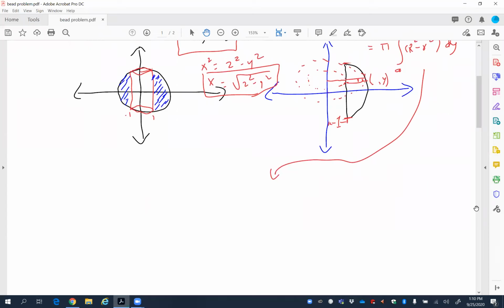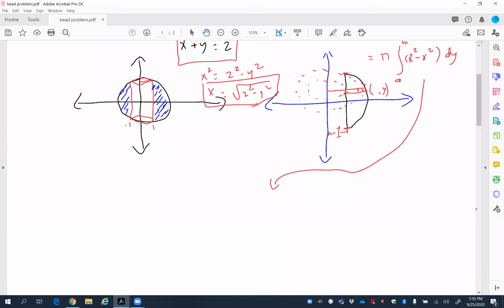So let me just copy that one here. The volume would be pi times, we still have to find out this limit of integration. The outer radius R is the value of x, but we need the x squared.